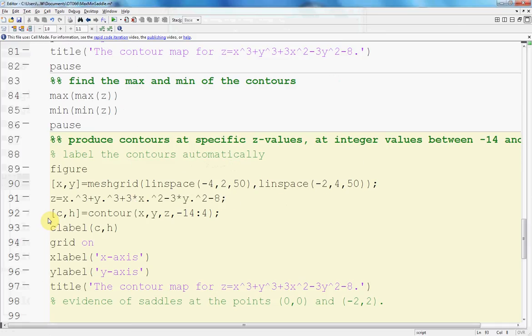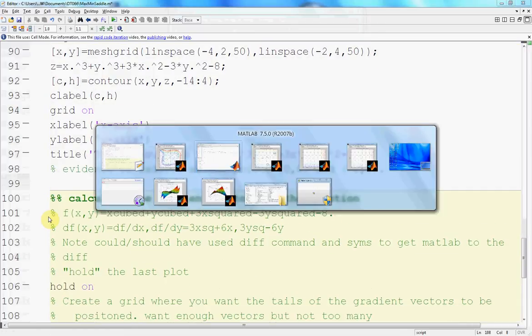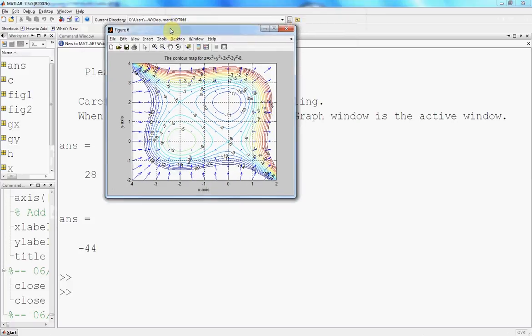Apologies for that. I'd have to run the whole thing again, but we've got all the contours.